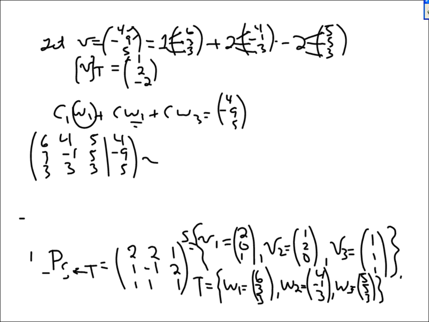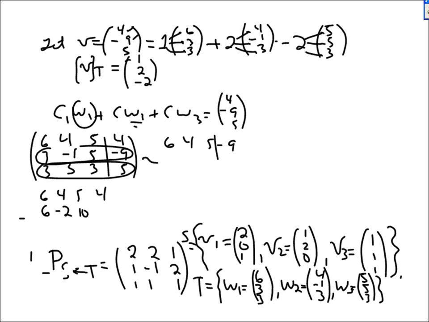I'll leave the first row the same. I'll double each of these rows and take them away from the first. So here's the first row, and I'm doubling the second row, and I subtract, and I get 0, 6, negative 5, 22.